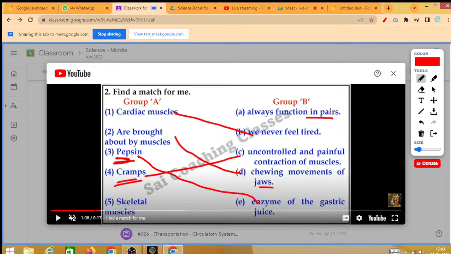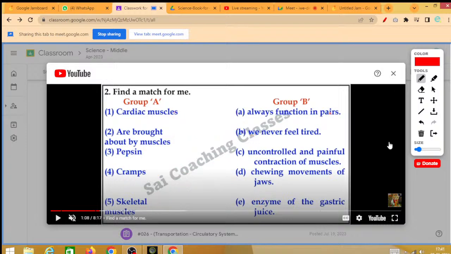Next, Anjali. Skeletal muscles always... Okay, good. You should write down all the answers and send them to me. Okay, we'll go to the next question.